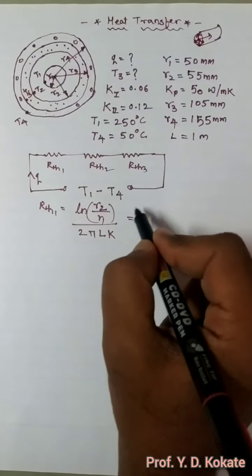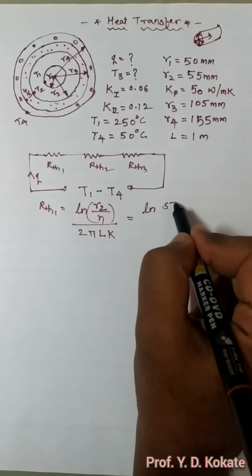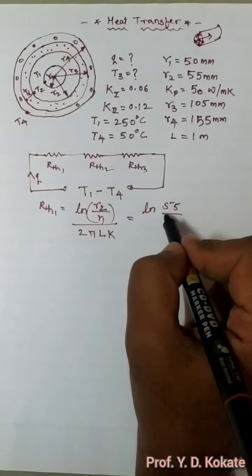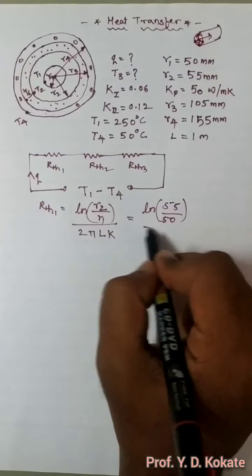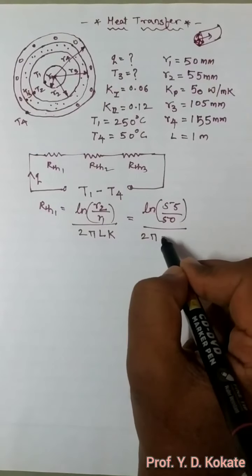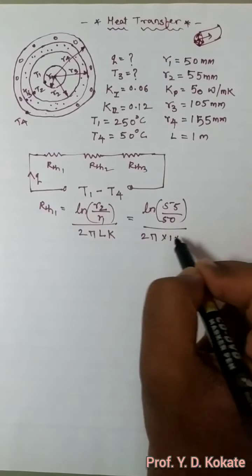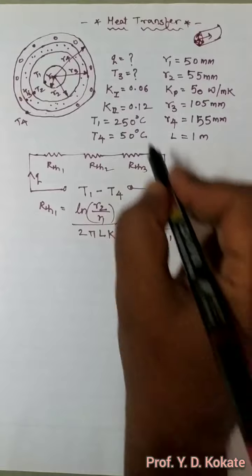So our formula becomes ln of R2, which is 55 mm into 10 raised to minus 3, which gets cancelled with the denominator, so there is no need to write 10 raised to minus 3 in numerator and denominator. 2 pi L is 1, so no need to write it, but I write 1 into K, so you can understand, K for pipe.